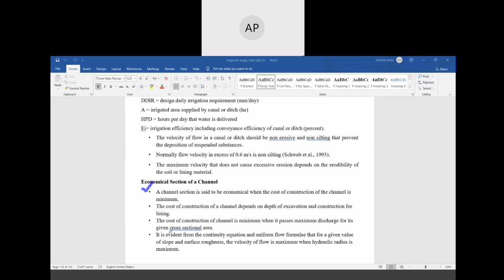The cost of construction of a channel depends on depth of excavation and construction for lining. The cost is minimum when it passes maximum discharge for its given cross-sectional area. It is evident from the continuity equation and the uniform flow formulae that for a given value of slope and surface roughness, the velocity of flow is maximum when the hydraulic radius is maximum.